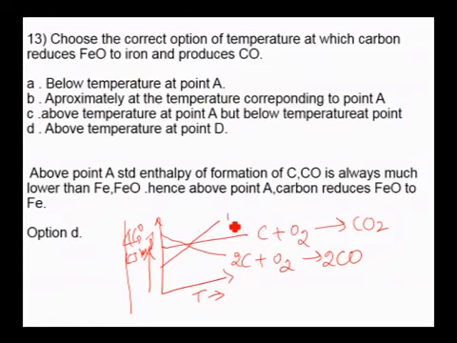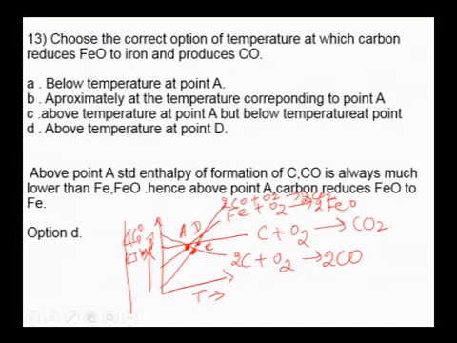The third line is 2Fe plus O2 giving rise to 2FeO. Here is a point, called A. It is an intersection point. The last line is given like this, 2CO plus O2 giving rise to 2CO2. The point B is here, the point E is here, and the point D is here.